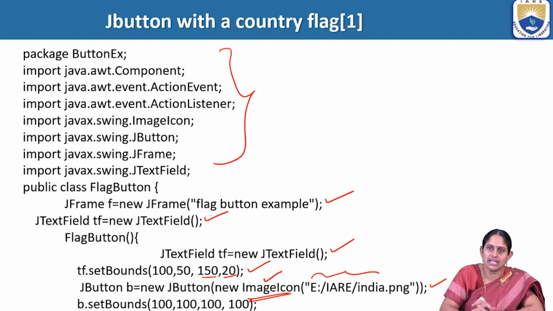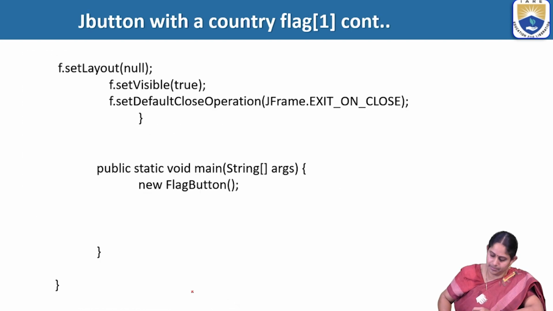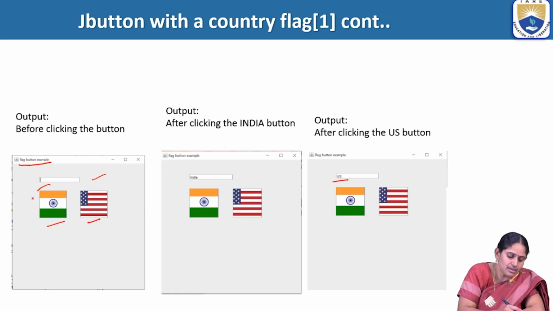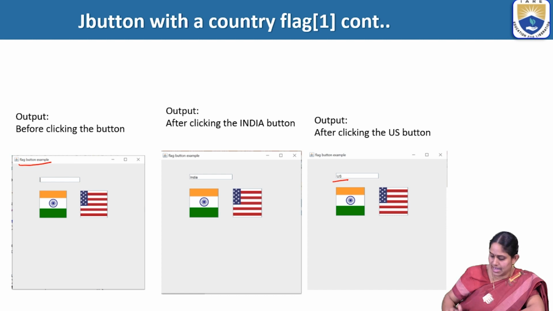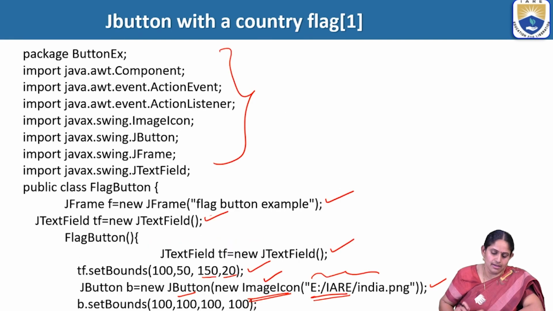I have my India flag downloaded and placed at this URL, so that image will be converted into an image icon and placed on the button. That is why we get a button with the image of the flags. So we are creating a button with the India flag image as well as the flag of the US.